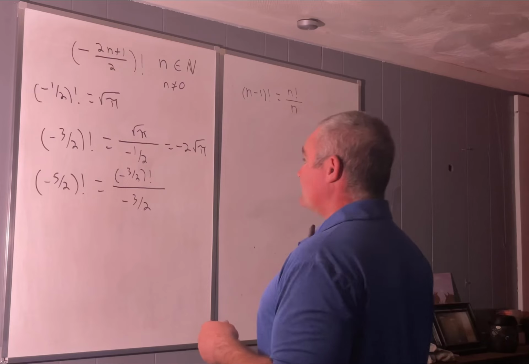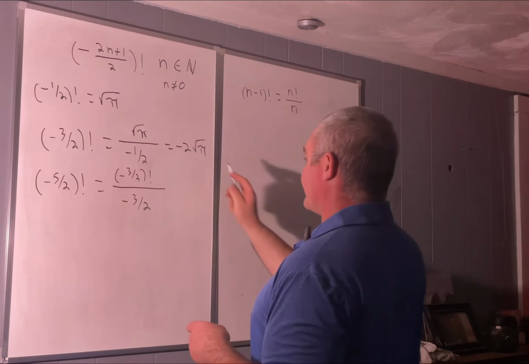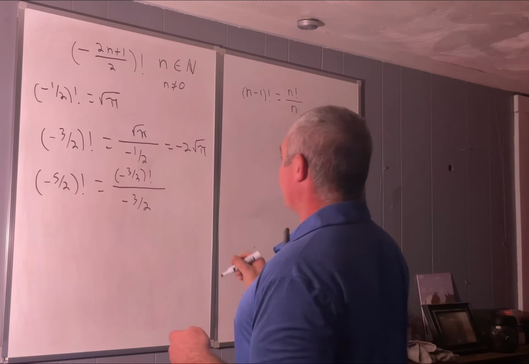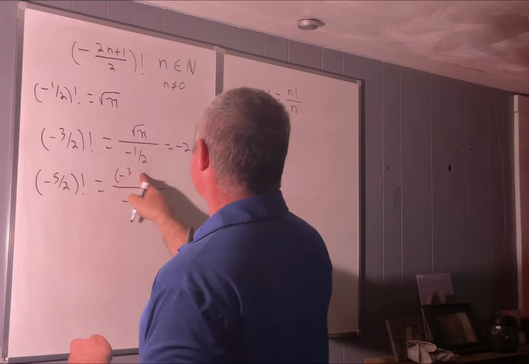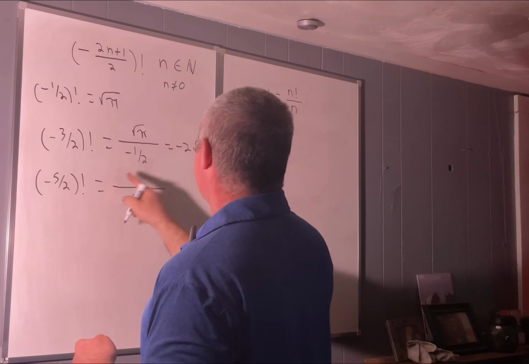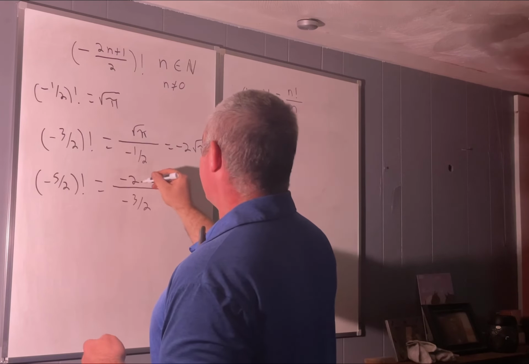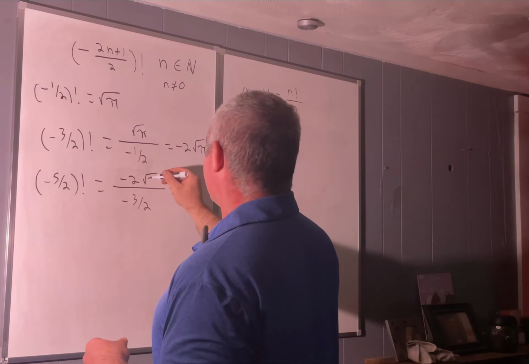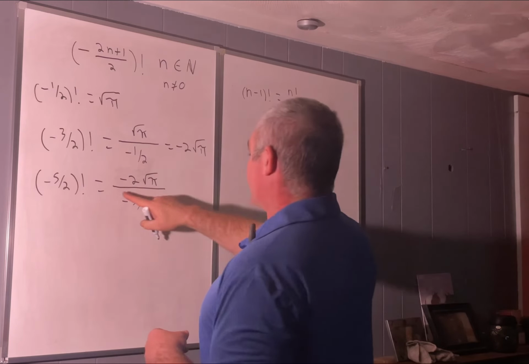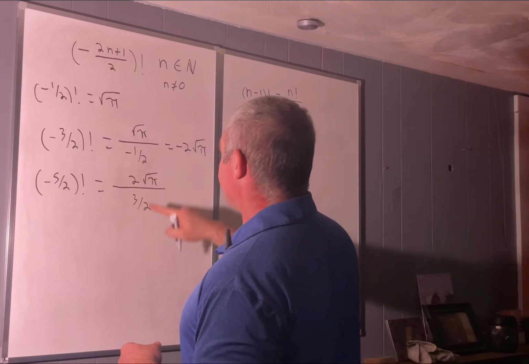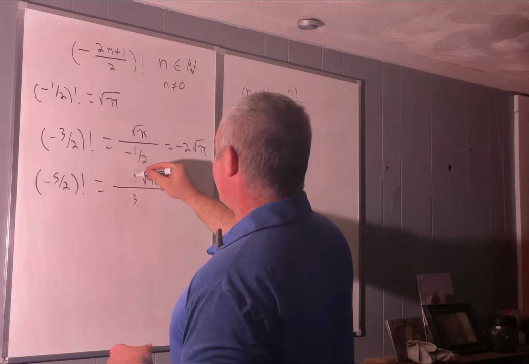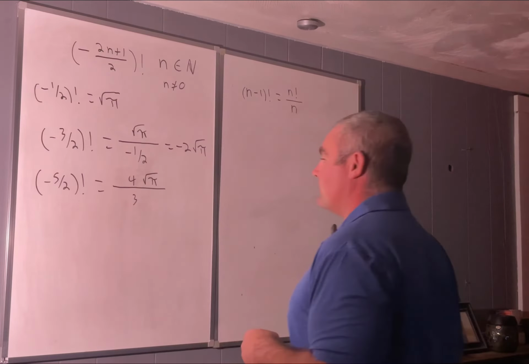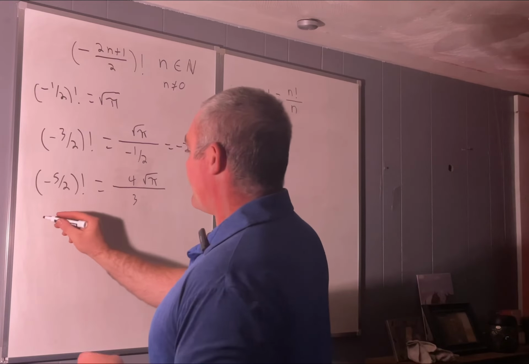Okay, well, we know from our previous result that negative 3/2 factorial is negative 2 times the square root of pi. Get rid of the negative signs, multiply the top and the bottom by 2, and we get that this is equal to 4 square root of pi over 3. Let's do a couple more.